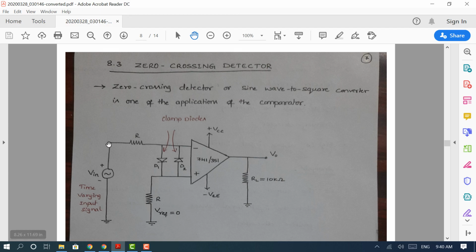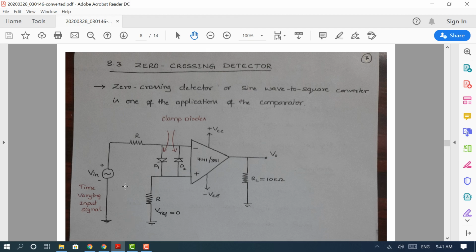And once again, this signal V in goes to the inverting terminal, therefore this can be called an inverting zero crossing detector. Similarly, you can also develop a non-inverting zero crossing detector by feeding the input signal to the non-inverting terminal and making the inverting input 0.